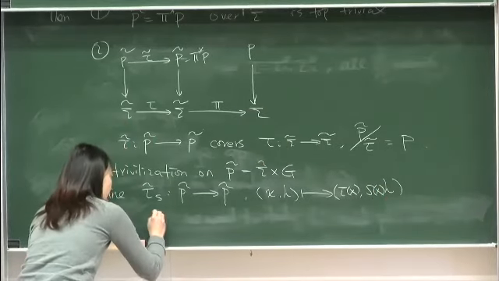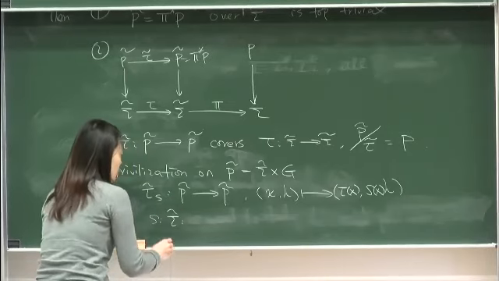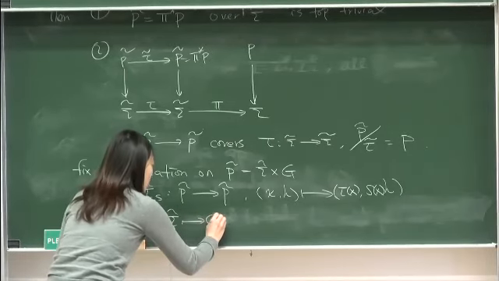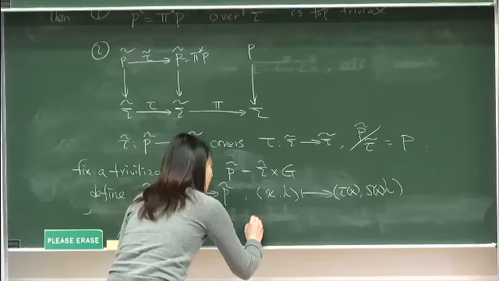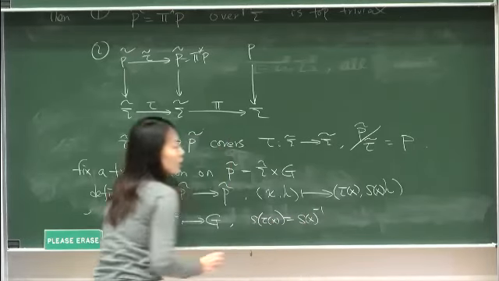And where this s is a map going from the double cover into G, such that s(tau x) is equal to s(x) inverse.